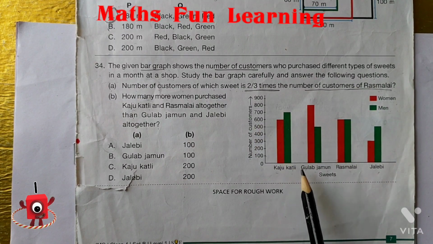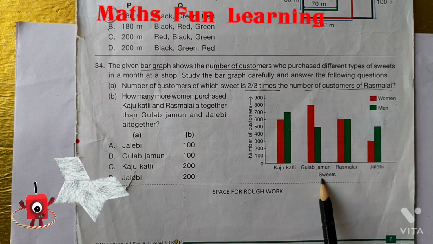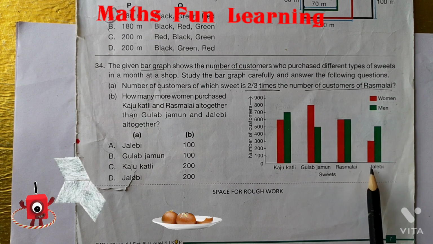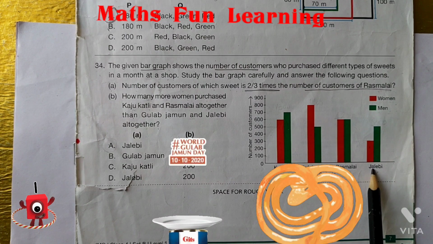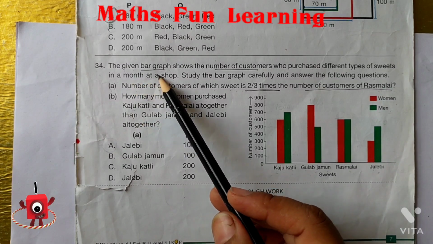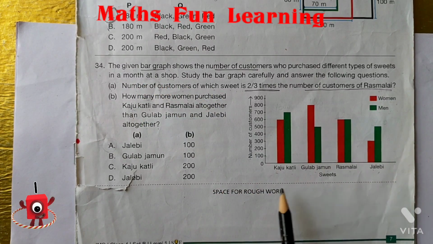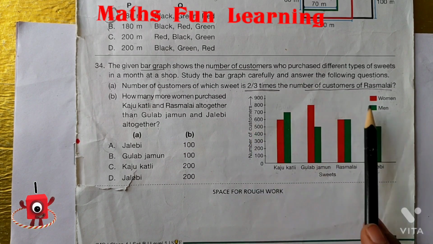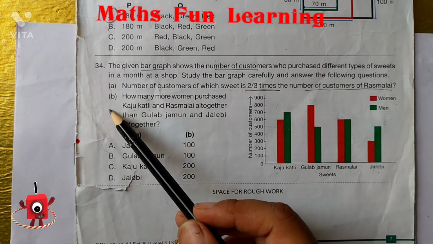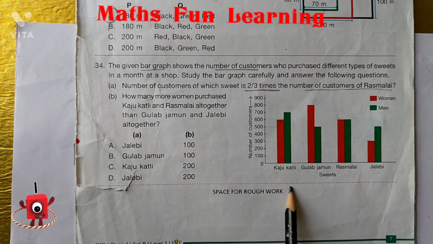These customers purchase different types of sweets, which are given on the horizontal line: Kaju Katli, Gulab Jamun, Ras Malai and Jalebi. There are four different types of sweets in a month at a shop. This bar graph is for one month. So you have to study this bar graph carefully and answer the following questions.